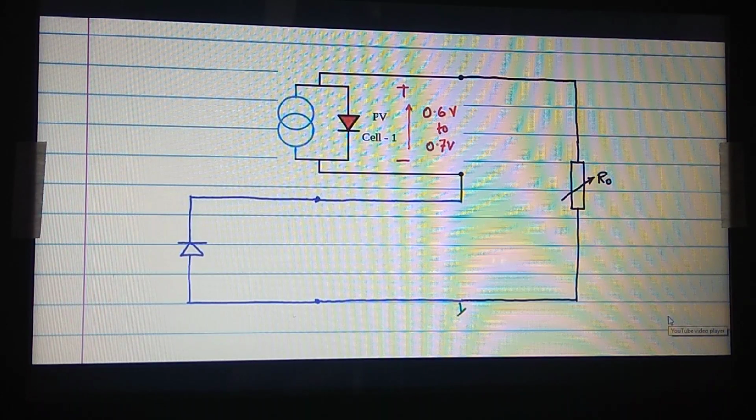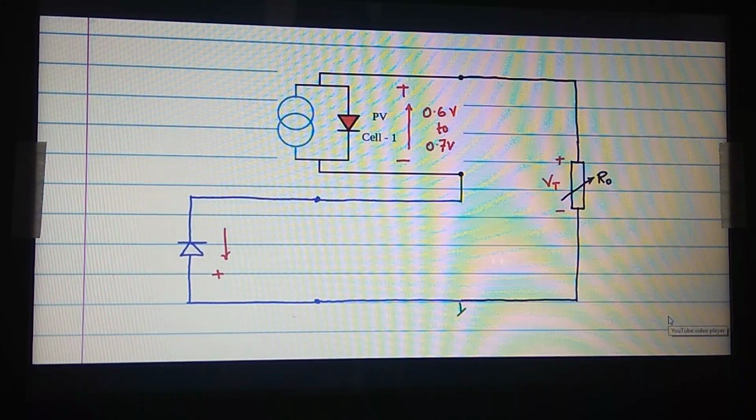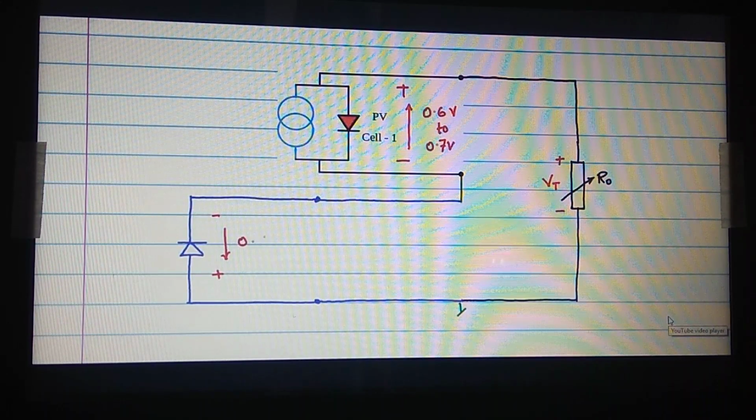This has to overcome the potential across the load, the VT, and also the potential across the bypass diode as shown like this. This itself is of the order of around 0.6 to 0.7 volts.